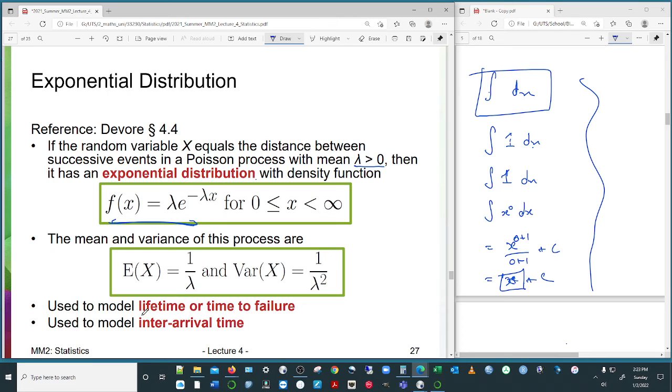So it's often used to look at those intervals and express them as lifetimes or times to failures, or inter-arrival time. So we can use the Poisson process in conjunction with the exponential process to model our particular equation.